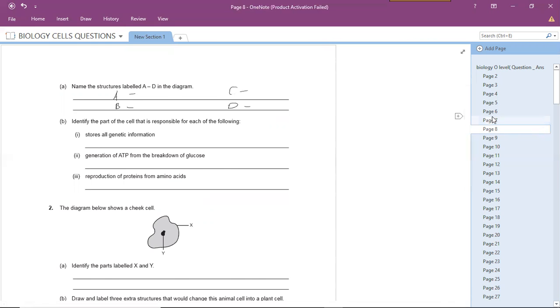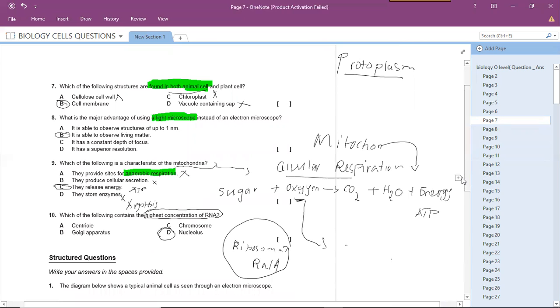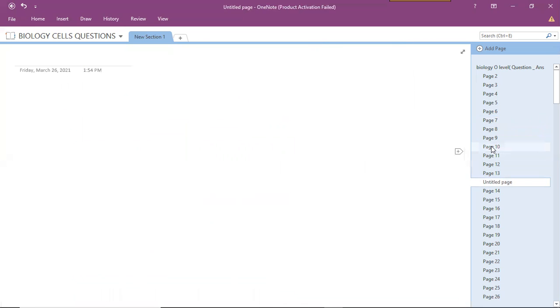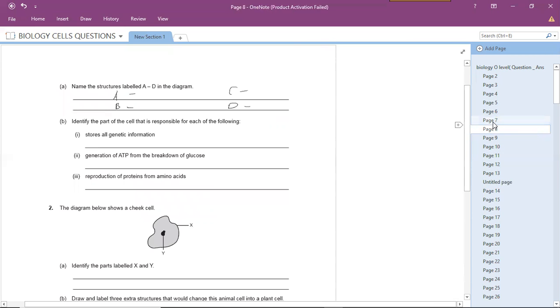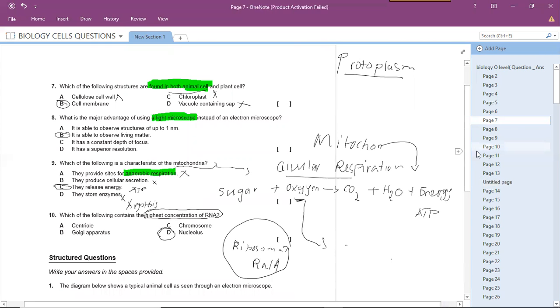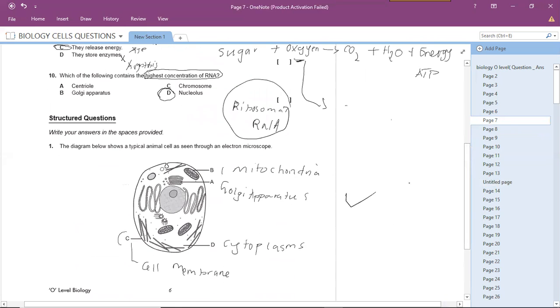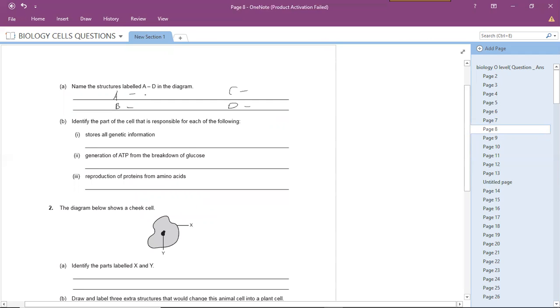So let's just go back. We said A, Golgi apparatus, B, mitochondria.